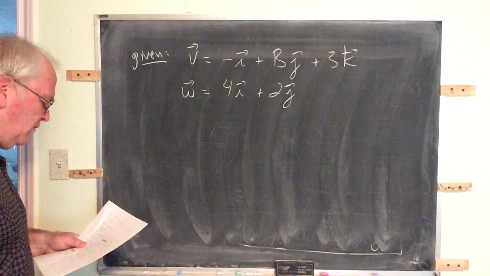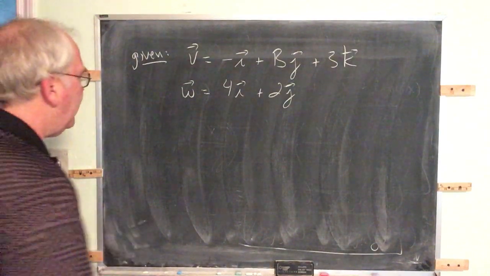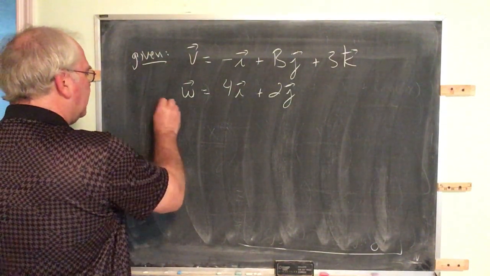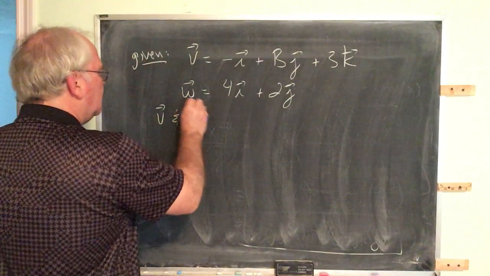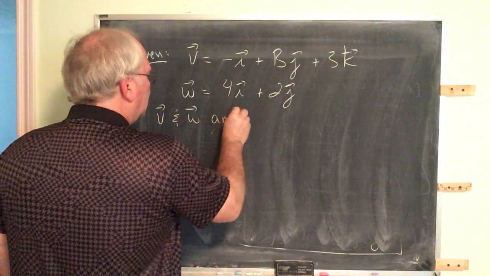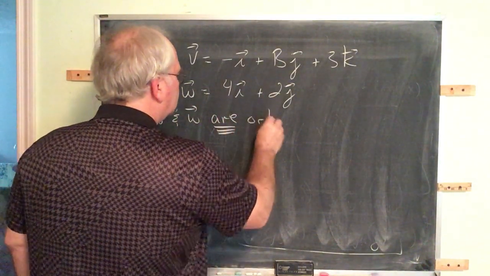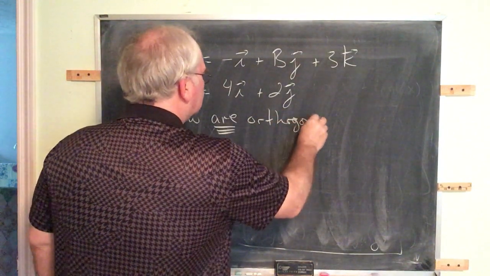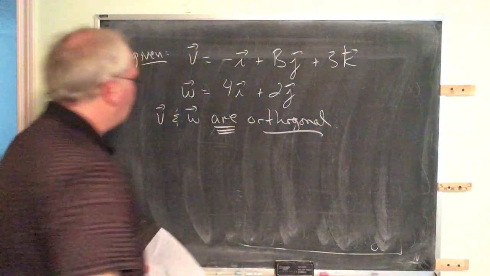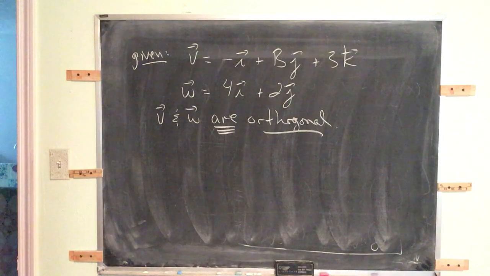And suppose that we know that v and w are orthogonal. So we're given that those two vectors are orthogonal.